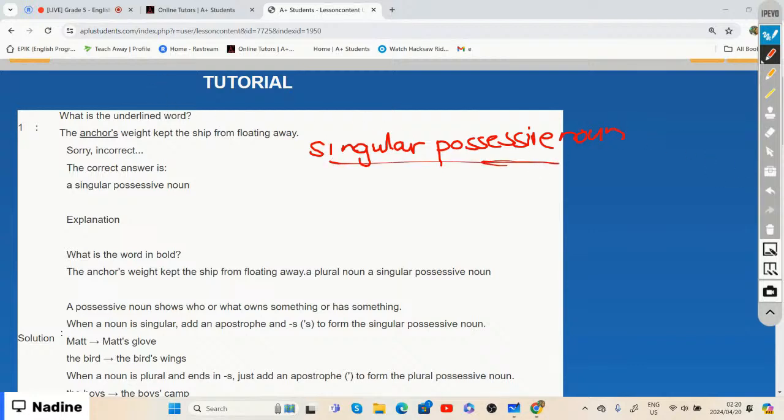Because an anchor, depending on how big the ship or boat is, has one anchor. So the weight of that anchor basically kept the ship from floating away. It refers to one anchor. So singular possessive noun is correct. So well done.